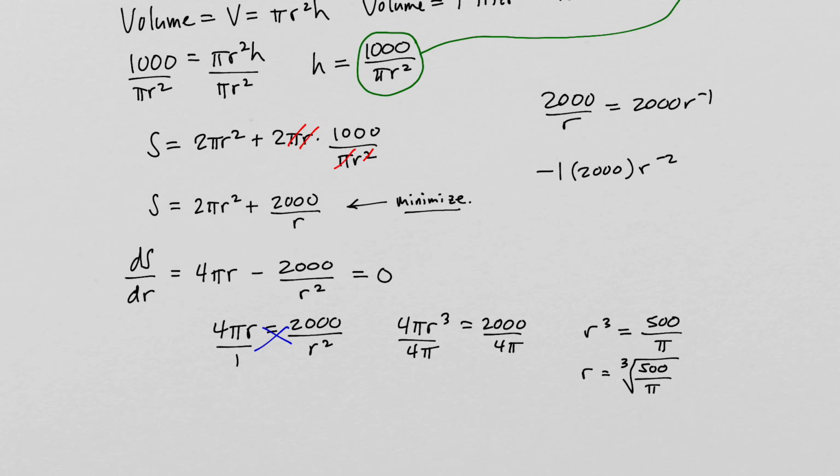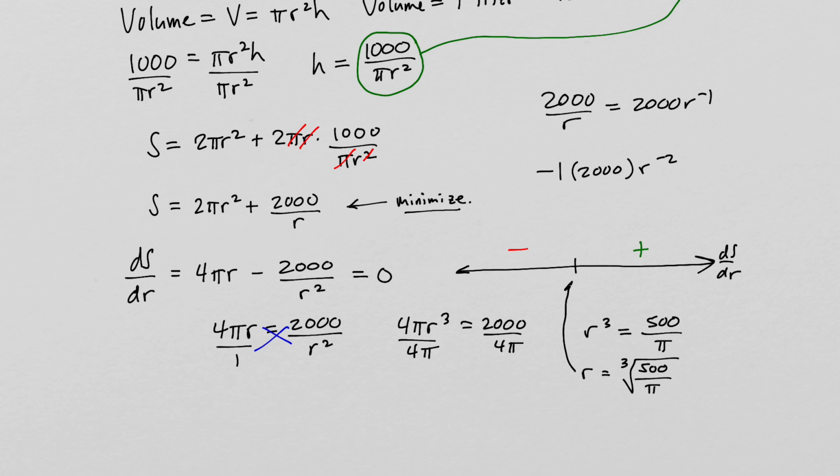And just like before, we could check to make sure that this gives us a minimum. So we can put this value here on our number line, cube root of 500 over pi. And when you test to the left and to the right of that number, you will find that the derivative is negative to the left and positive to the right, which means the surface area function is decreasing and then increasing.